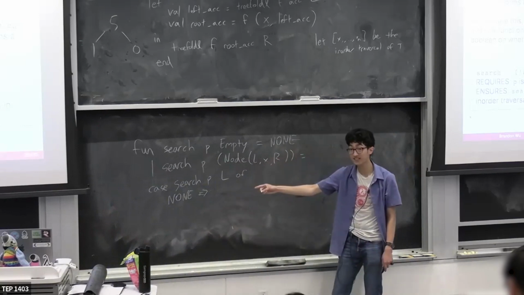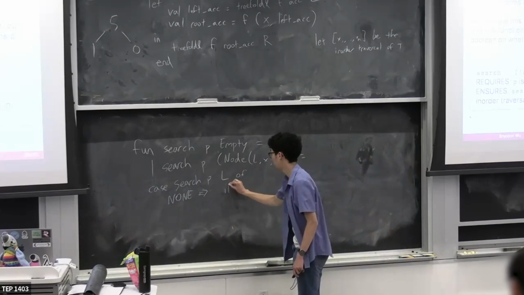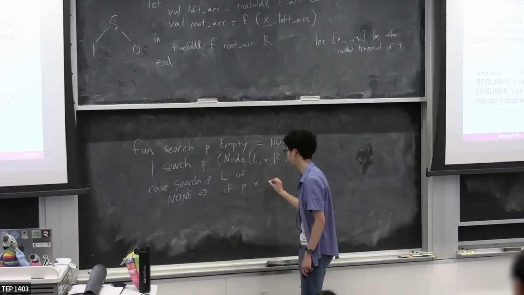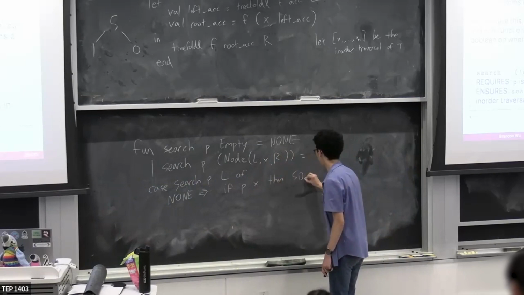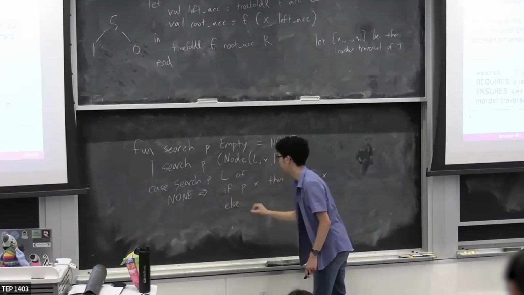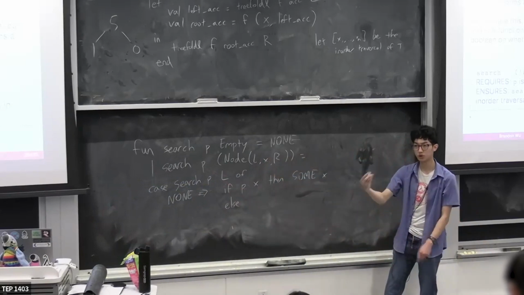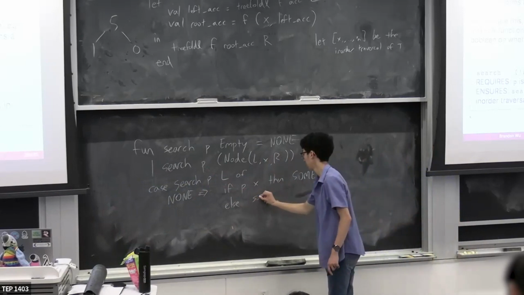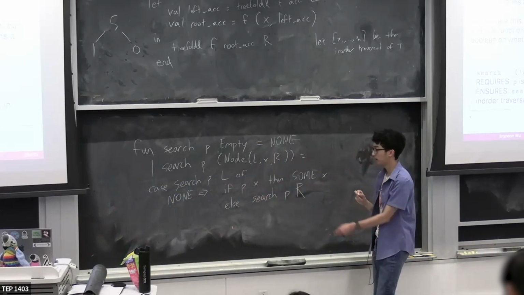If I have none, that means I didn't find it in the left, which means what do I need to do? If P of X is true, if my root satisfies it, then I return Some of X. Else, if I didn't find it, that means it wasn't in my left subtree, and it wasn't my root, so I search the right subtree. Search P R. And what is my Some case?